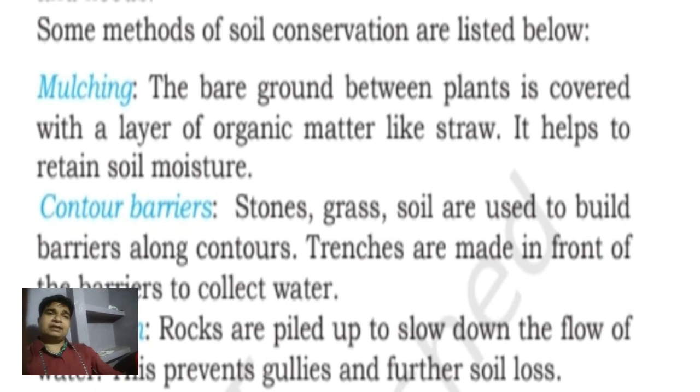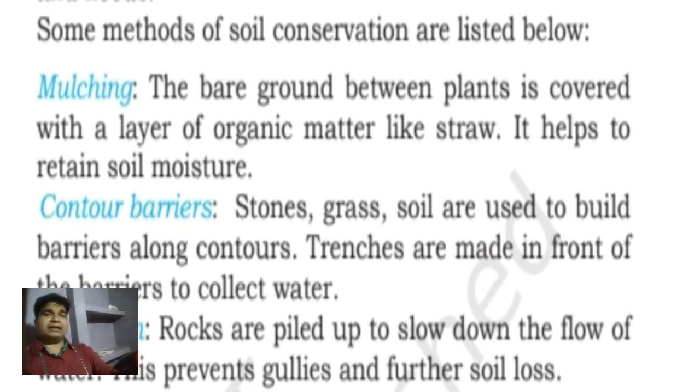Second, contour barriers. Stones, grass, soil are used to build barriers along contours. Contours are the sides of the fields. So on the sides you are making very small types of boundaries with stone, grass, soil, etc. They are known as contour barriers. Trenches: these small boundaries are made in front of the barriers to collect water.